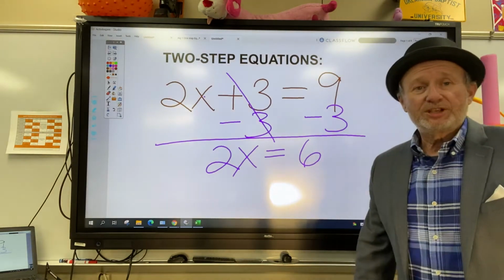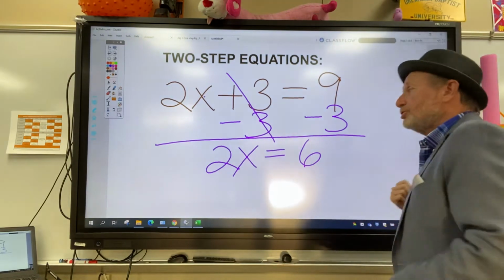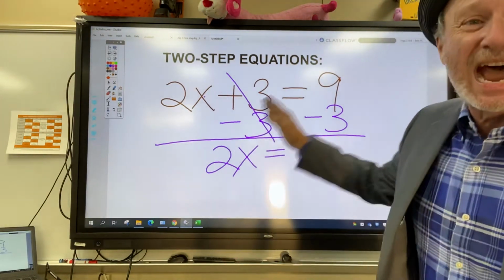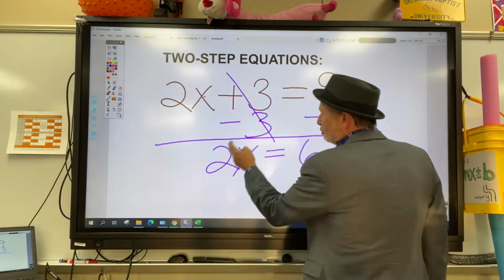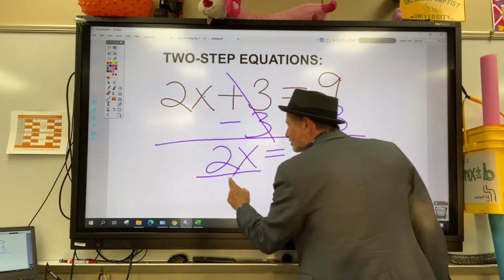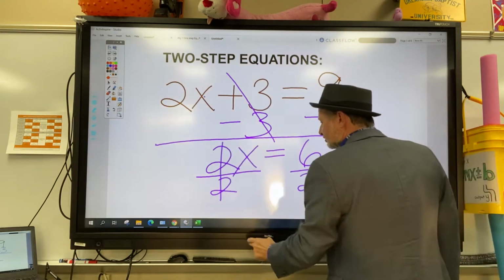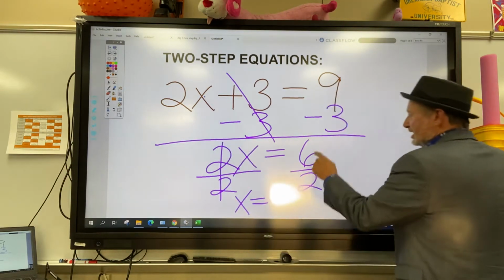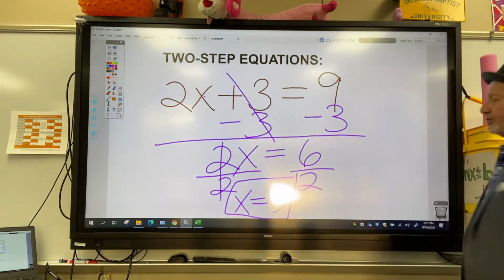Now I've got to transform the 2 onto the other side. Since it is 2 times x, I have to divide. So if it's 2 times x, I'm going to divide by 2, that cancels out, x equals 6 divided by 2 is 3. Boom, bada, bing. I have solved the equation.